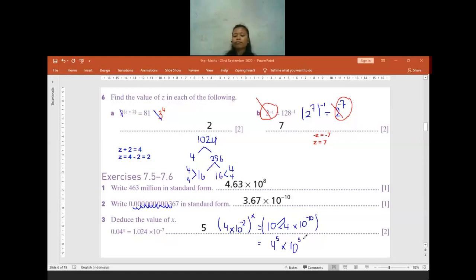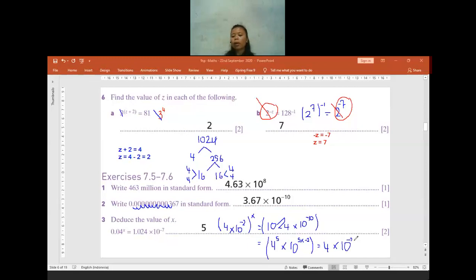times 10 to the power of negative 10, I can make it as 5 times negative 2. If you have any easier method, you can use it. Because everything has the power of 5, I can take out the power of 5.